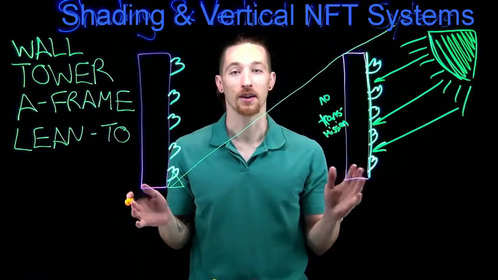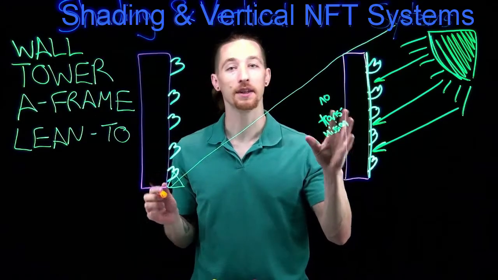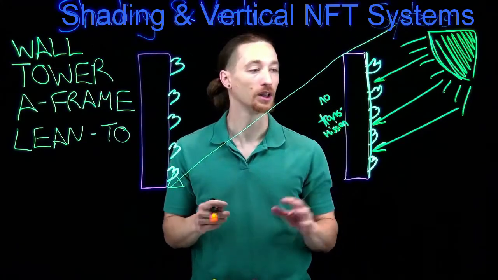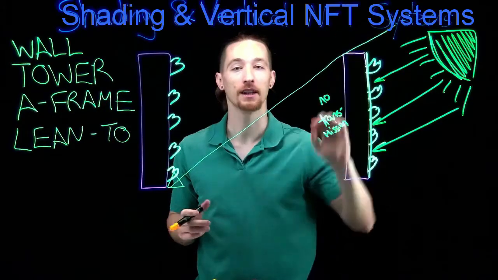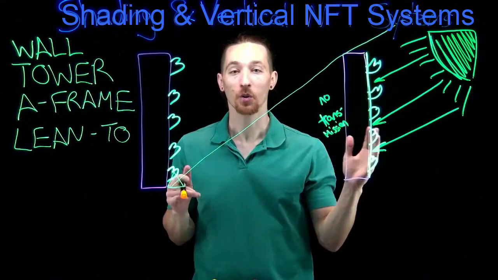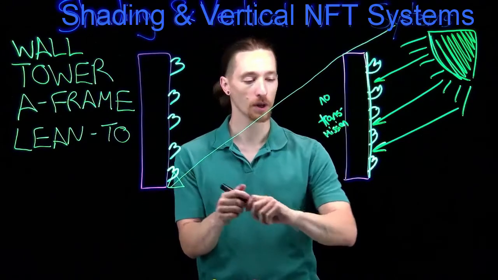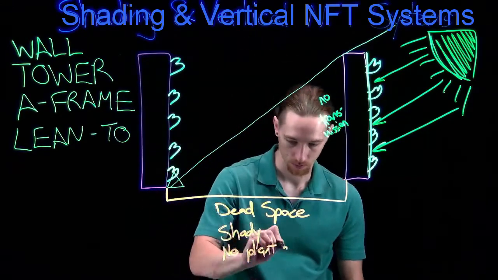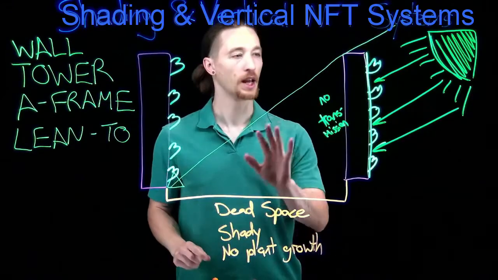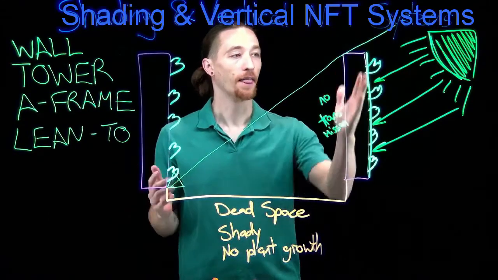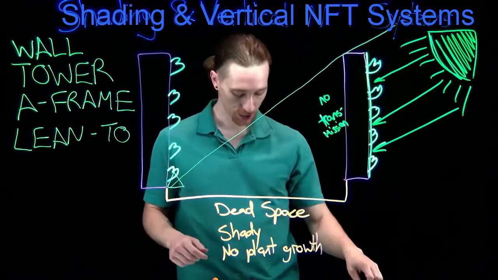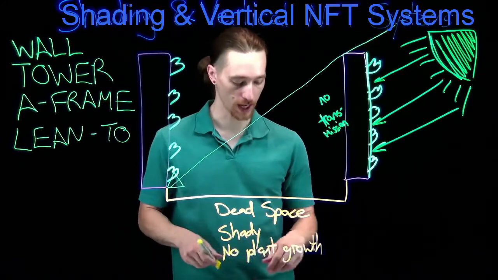However, that points out that the real gain, the real benefit, the application for wall-type vertical NFTs, is on walls. So if you have this broad open area, you don't want to be creating all this dead space. However, if there was a building here, then it's perfect because it's already dead space, it's already not growing any plants.